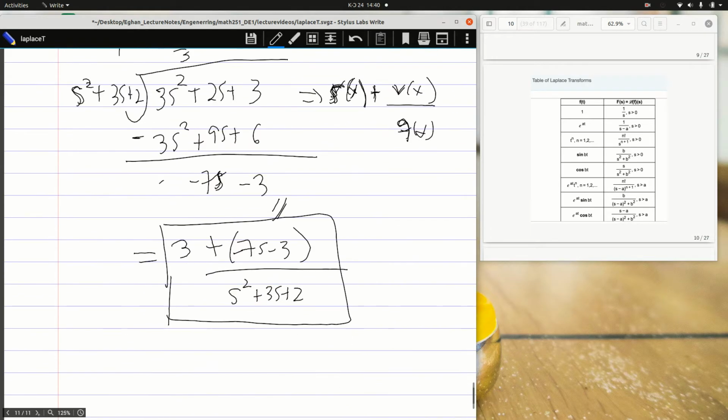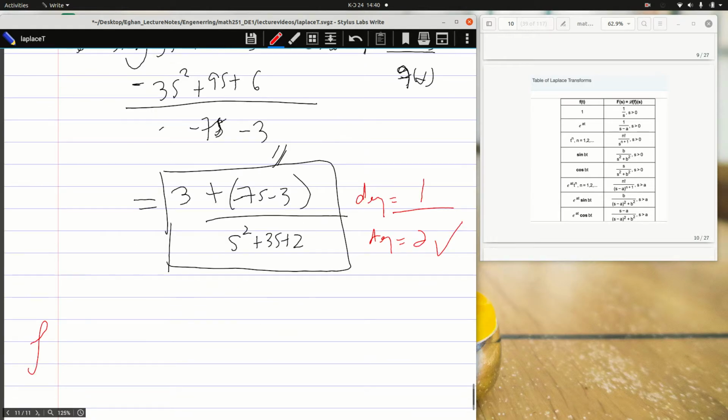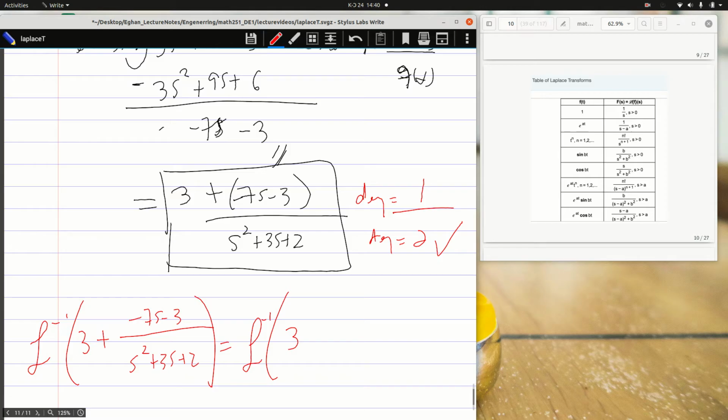Can I use partial fractions here? What's the degree of the numerator? It is 1. Degree of the denominator, it is 2. Voila, I can use partial fractions. So Laplace inverse of 3 plus negative 7s minus 3 all over this is given as Laplace inverse of 3 plus, this is now partial fractions. There are two ways to solve this part.